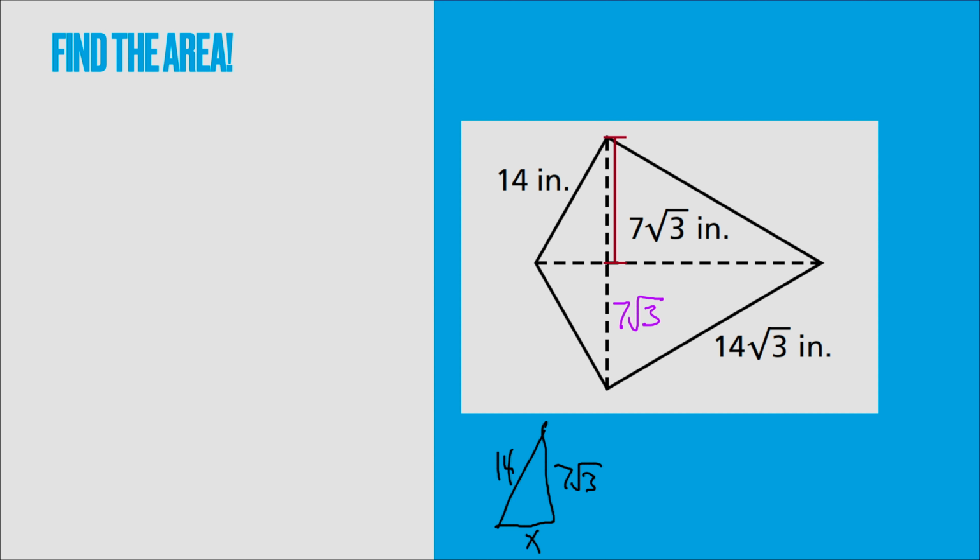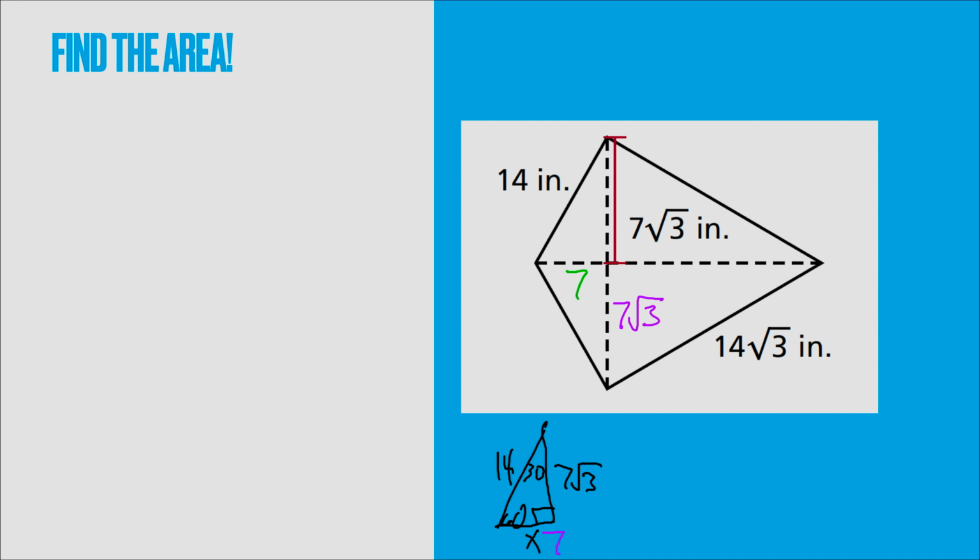Remember, this is a kite, which means this is a right triangle here. And wait a second, 7 is half of 14. That means this is a 30, 60, 90 triangle, which means this bottom side is 7. So this part right here, I'm just going to write it in, is 7.